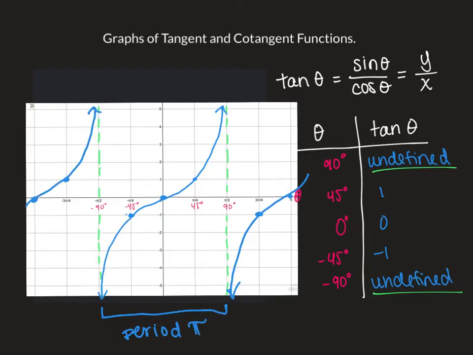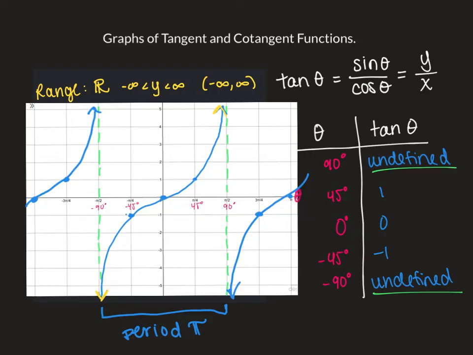And my amplitude tells me how tall my graph is, but since it doesn't have a minimum or a maximum, there's no actual amplitude for a tangent function. Now for the domain and the range, the graph keeps going infinitely down and up, so our range is all real numbers, and our domain is all real numbers except for the asymptotes.